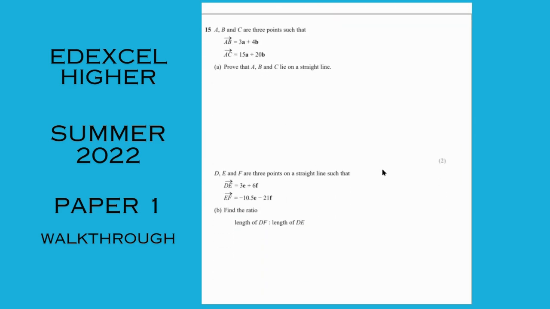Number 15, vectors without a diagram. So I'm going to take AC and take a 3 out. That's the key to that step. Prove that A, B and C lie on the straight line. Well, as you can see, they have the same, you can call it gradient, you can say or whatever, but because one is a multiple of the other, you can make a little statement that they are parallel.